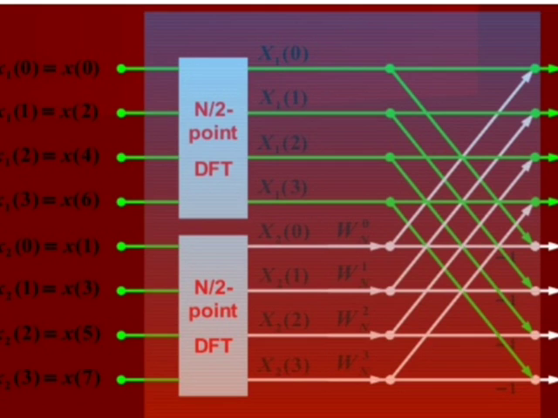Because of the periodicity with N/2 frequency samples of these length N/2 DFTs, X1[0] and X2[0] can be used to compute two of the length N DFT frequencies, but with a different twiddle factor.